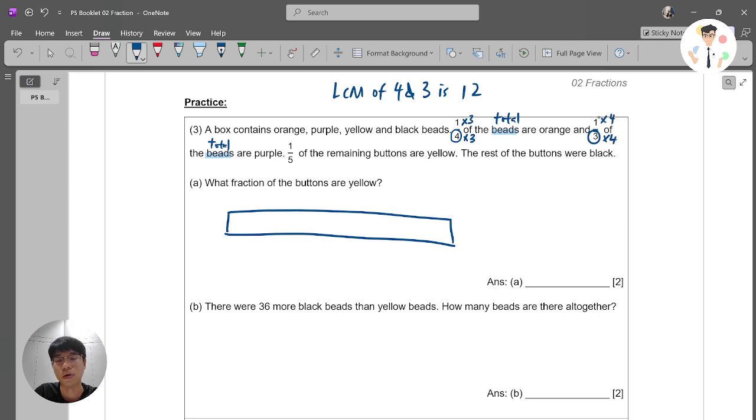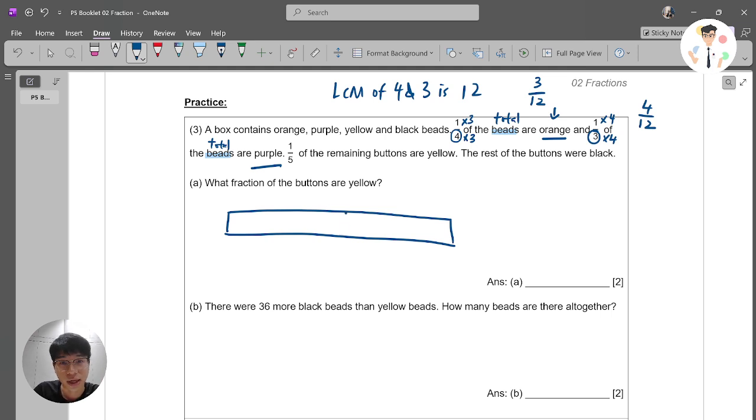Now I know that 3 out of 12 of the beads are orange, and 4 out of 12 of the beads are purple. And now that is much easier for me to cut it and work with.